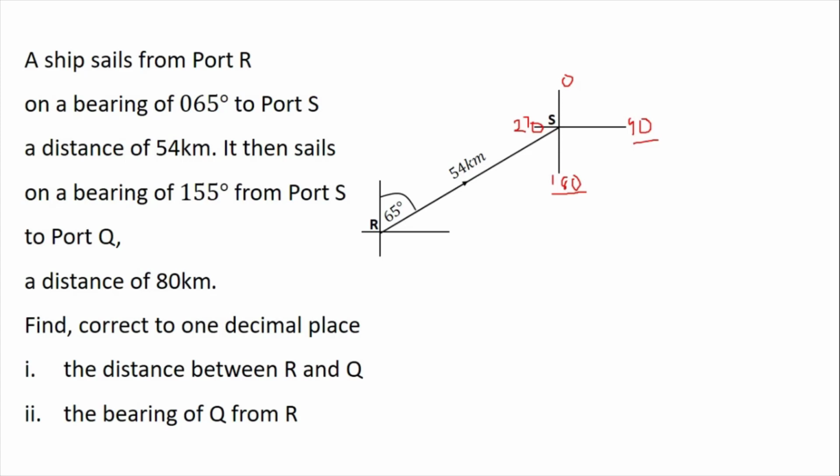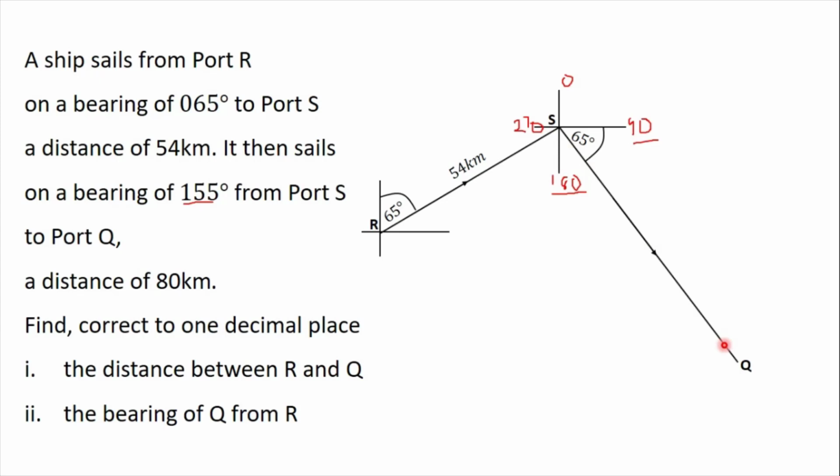And you get that by subtracting 90 degrees from 155, as we've been doing all along. And when you do that, you get 65 degrees, because 65 degrees plus 90 degrees gives you 155 degrees. So it means that you are going to measure 65 degrees from 90 here in the clockwise direction. Then you draw your line through it.